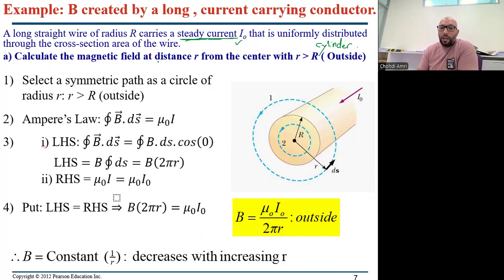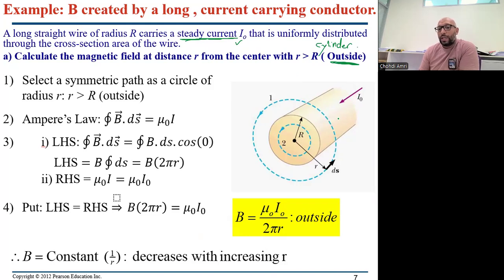Calculate the magnetic field at a distance r from the center, with r greater than the radius of the conductor. That means the radius of the symmetric path is greater than the radius of the conductor. So we are talking about a point outside the conductor.